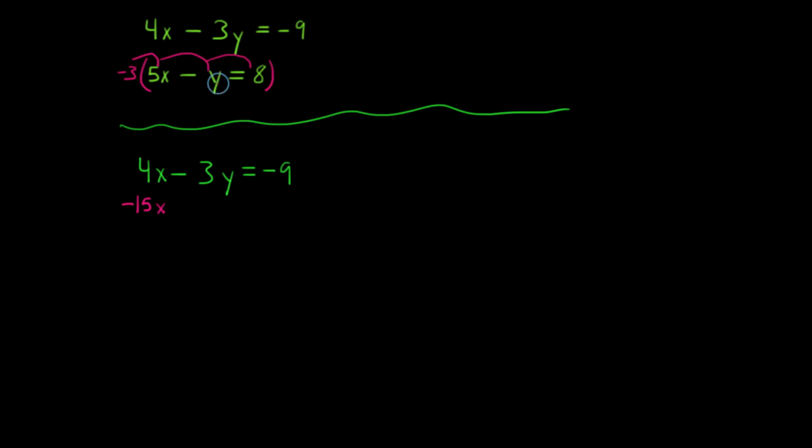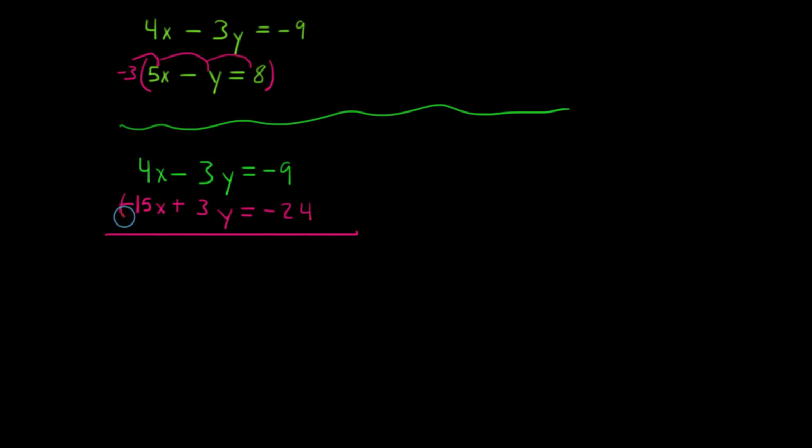So negative 3 times y will give me negative 3y. But there's a subtraction symbol in front of it, so I'm going to use double dash and turn that into an addition symbol. So now I'm adding 3y. That's equal to negative 3 times 8, which is negative 24.